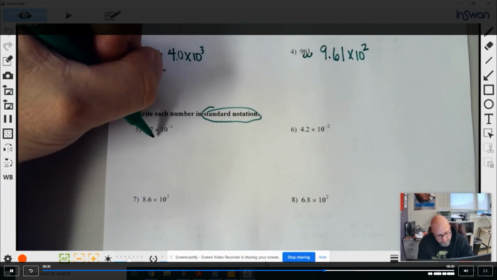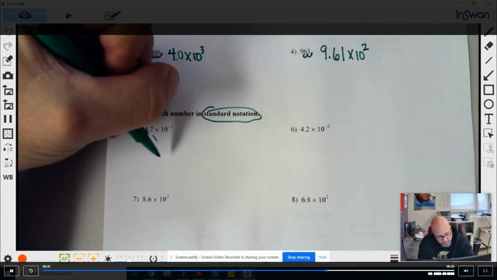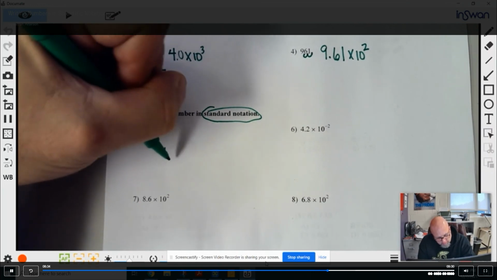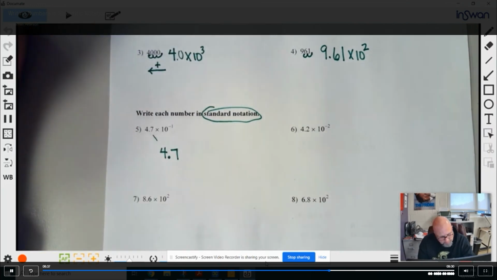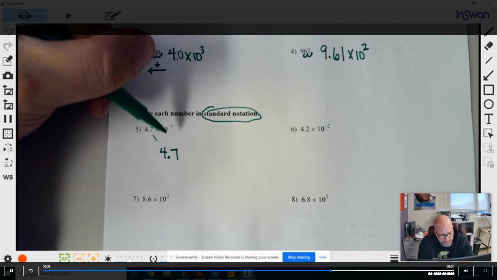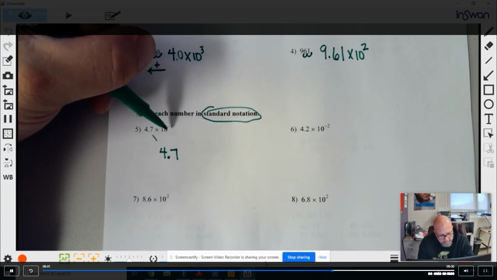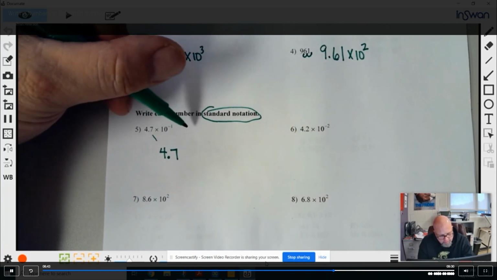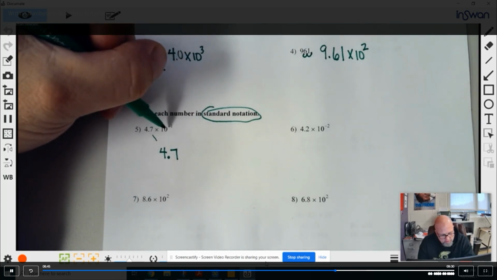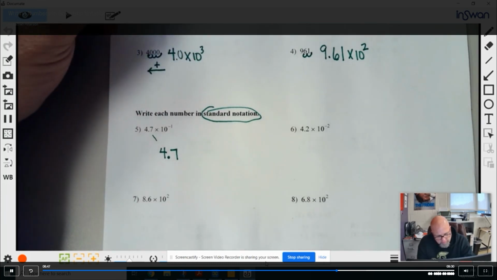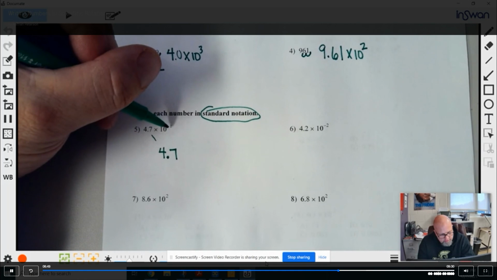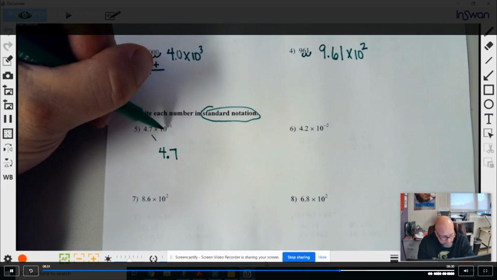All right, so how I'd approach this. I start off with the base number. I'm going to write down the base number with the decimal, 4.7. And it has a negative exponent, times 10 to the negative first power. Okay, so it is backwards from what we did before. If you have a negative exponent, your number has to get smaller.